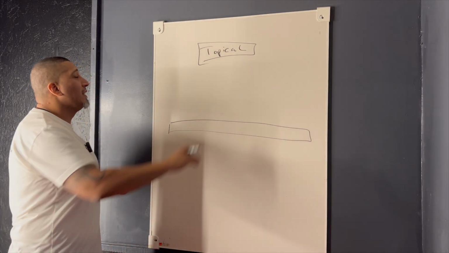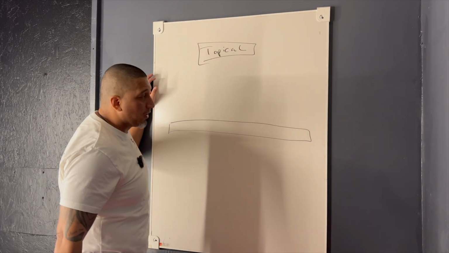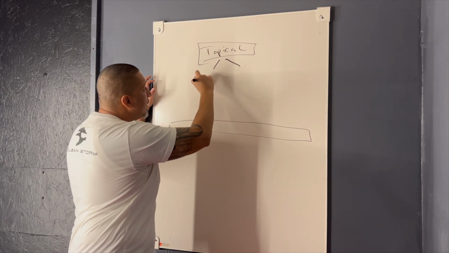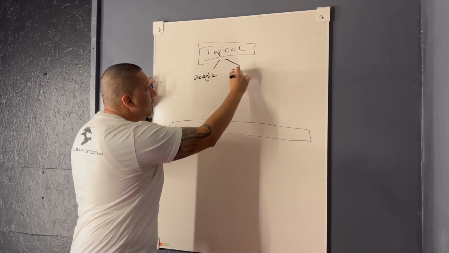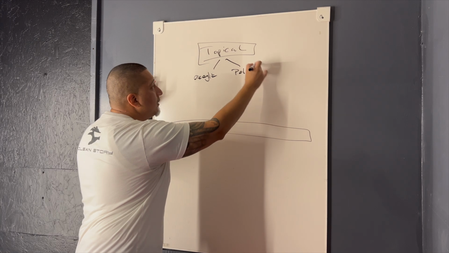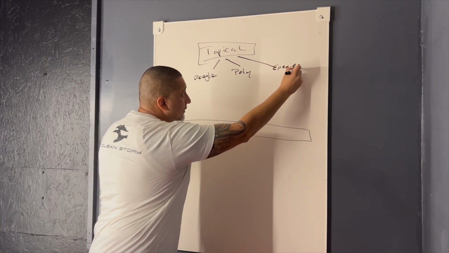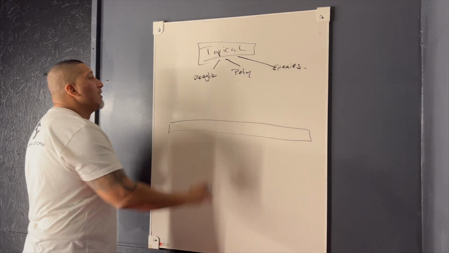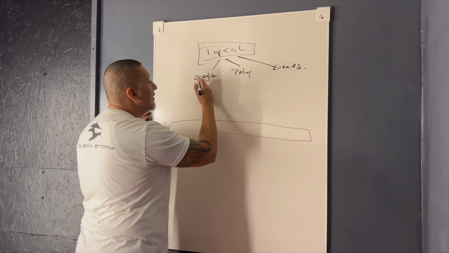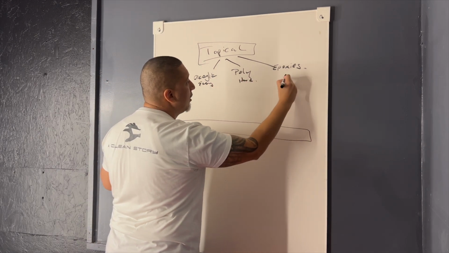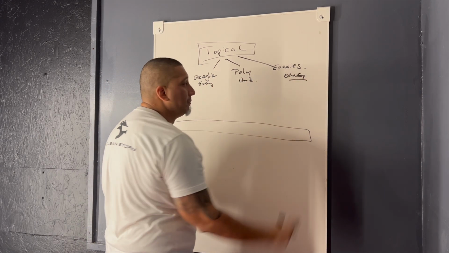Okay, so in this case, how do topicals work? Topicals can be acrylic, or it could be polys, or it could be epoxies. Now, from this side to this side, think easy, hard, OMG.